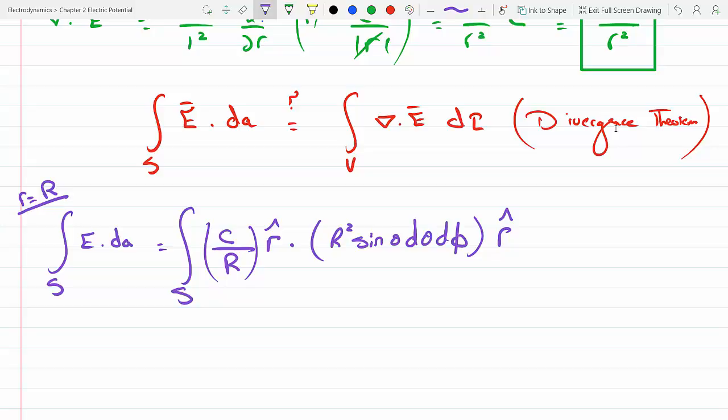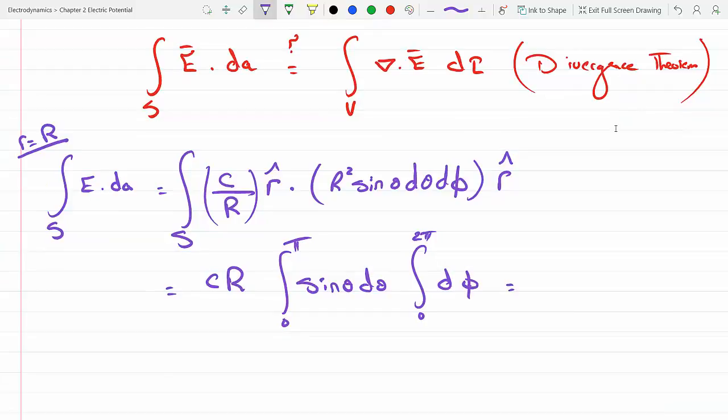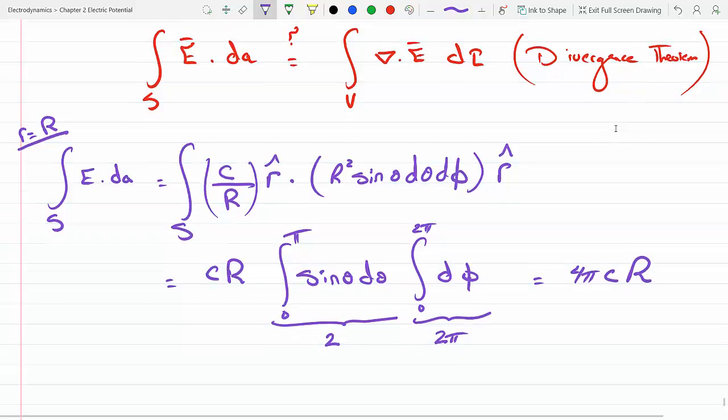So this becomes R squared times c over R, so I'm left with cR, with sine theta d theta from 0 to pi, and d phi from 0 to 2 pi. The sine theta integral from 0 to pi gives me 2, the phi integral is 2 pi, and so I get 4 pi cR. Okay, so this is the left hand side.